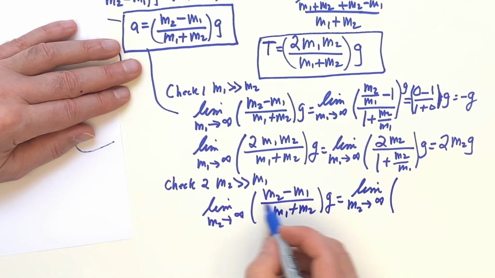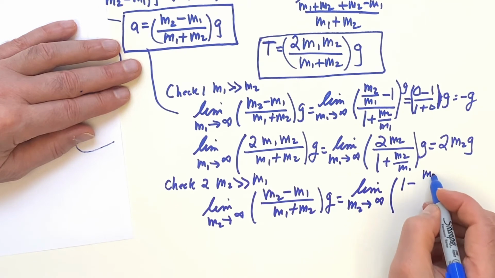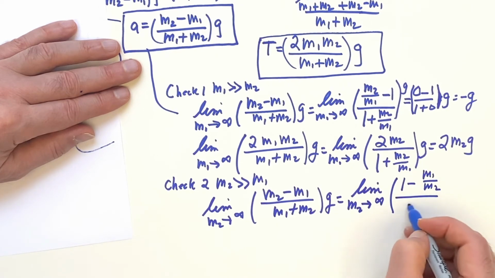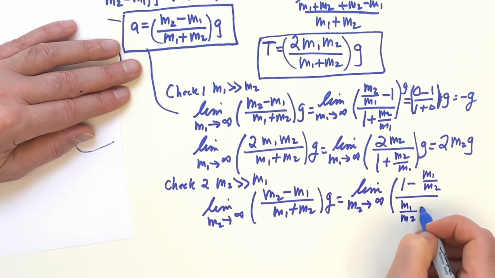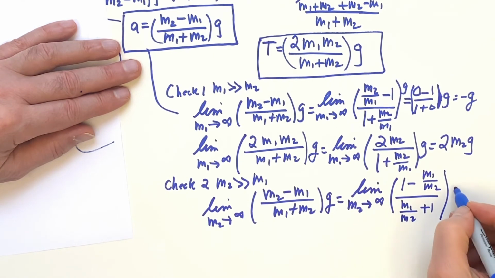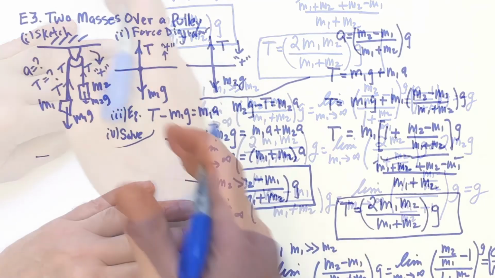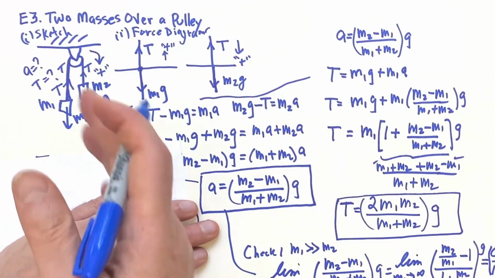So now we're going to divide by m2, 1 minus m1 over m2, m1 over m2 plus 1 with the g. This is going to 0, 0, so you're going to get g. So it's going to be going to the right, down.